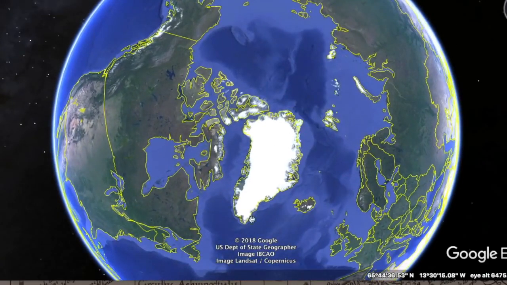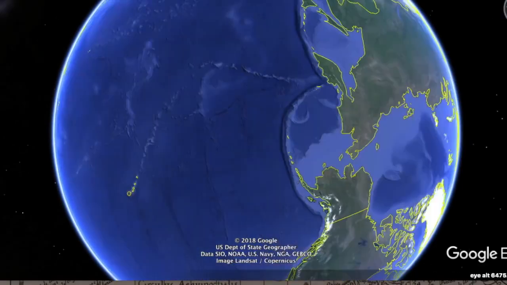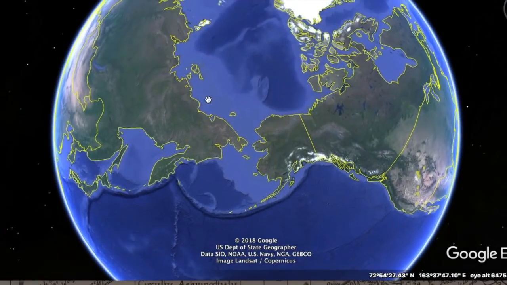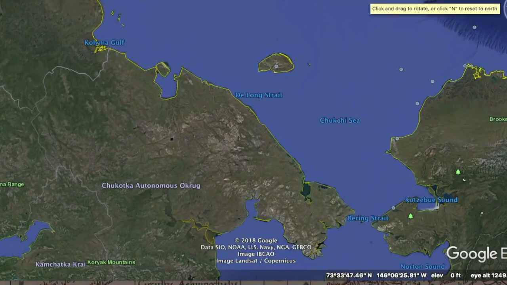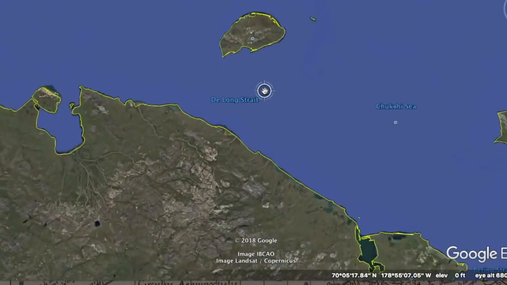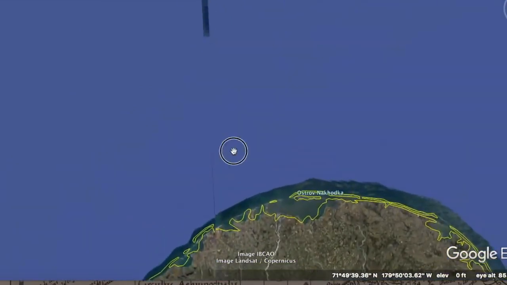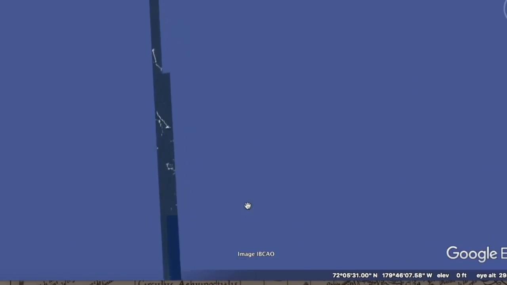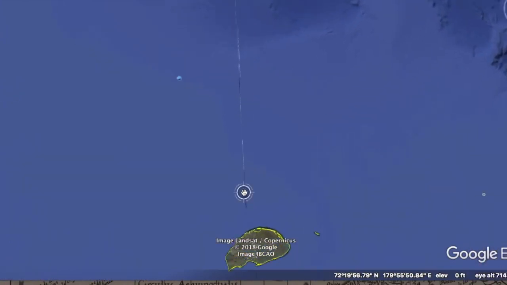But yet, if you go over here, there's a little trick that I've seen. I saw it on YouTube, and you can go to this little island here, pretty much in between Alaska and that Siberian region. You just zoom into this little island here, and all of a sudden it's like someone was leaving us this as a little clue, but this thing goes on, and I think it goes right to the North Pole.